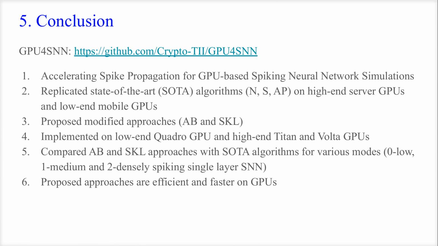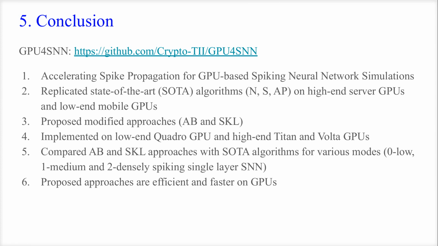This is the conclusion. The GPU code for SNN, the state-of-the-art approaches, and also the proposed approaches are available on GitHub, where we get a lot of speedup depending on the number of spikes, neurons and synapses.